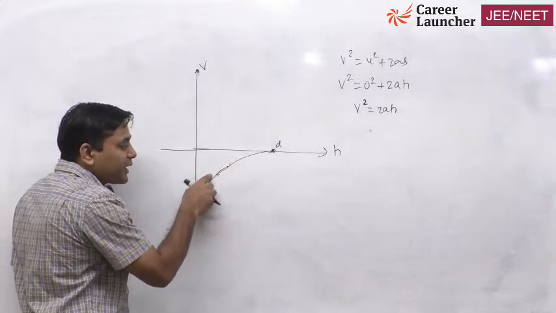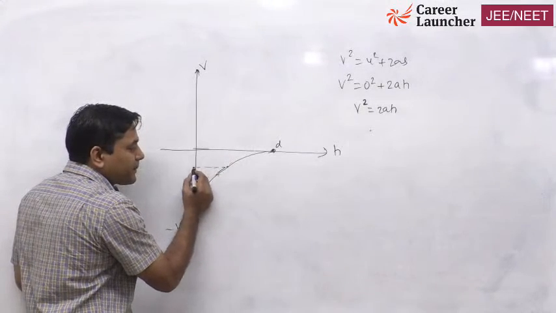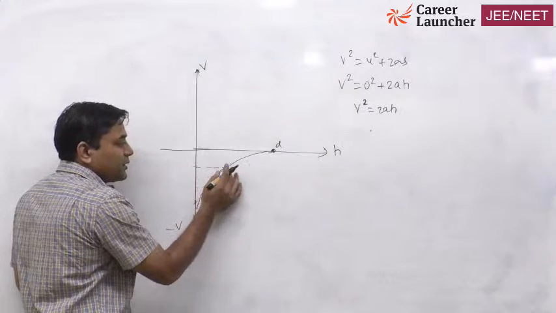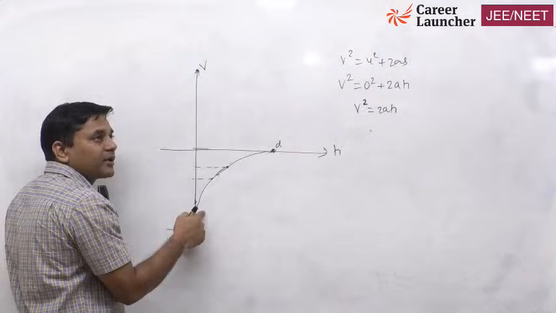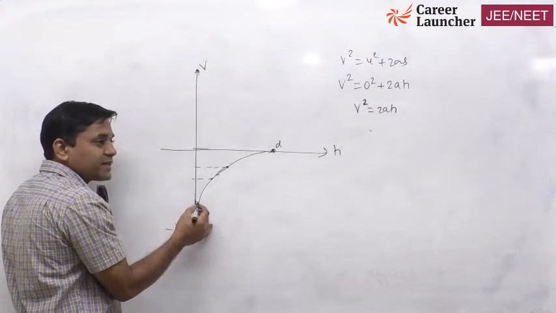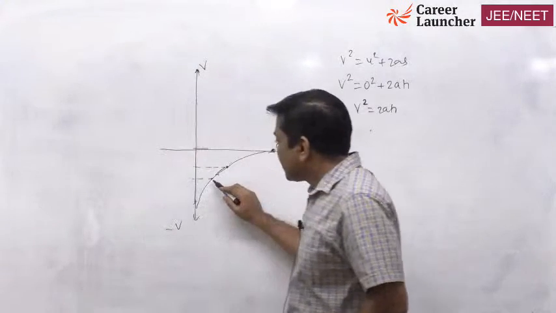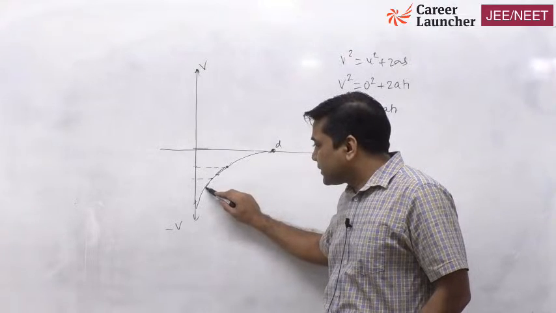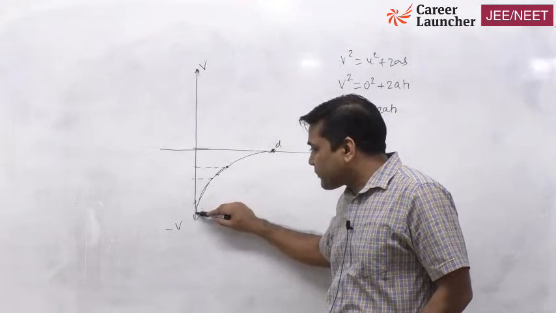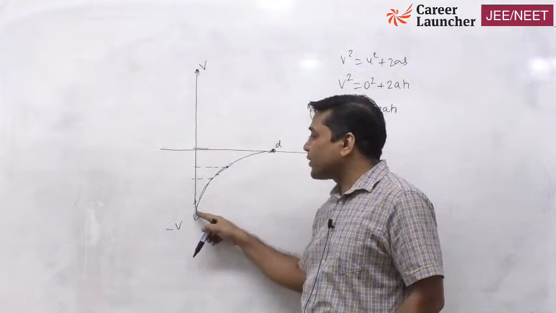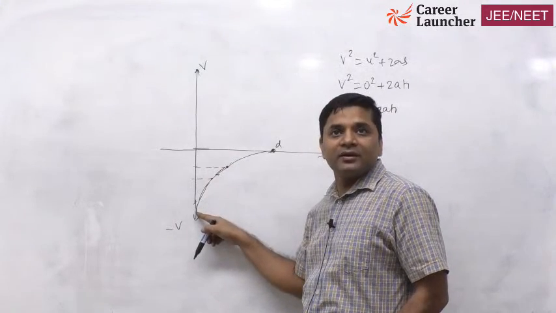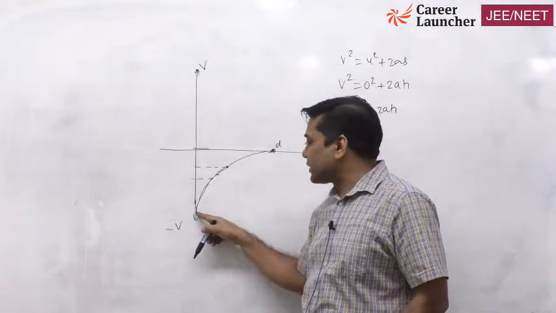Here one thing you can realize is that velocity is negative as it is coming down, and it's also increasing. But there is a contradiction: it cannot become parallel like this here. Otherwise at d equal to 0 the velocity will be infinity, it will be a maximum velocity.